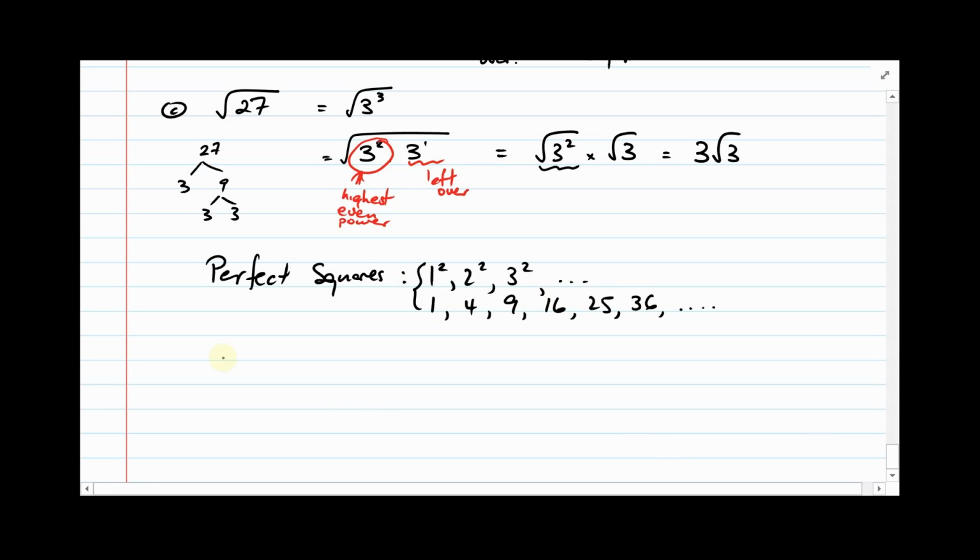I could ask the question, if I have 27, which of the perfect squares go into it? 1 goes into everything, so I really am not going to use 1. But I could look at 27 as 9 times 3. If I now take the square root, breaking up that square root, root 9 times root 3, you end up with exactly what I have above, which is 3 root 3.